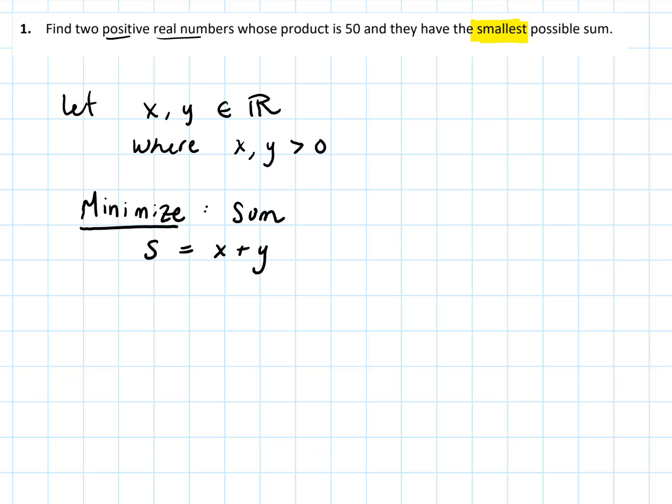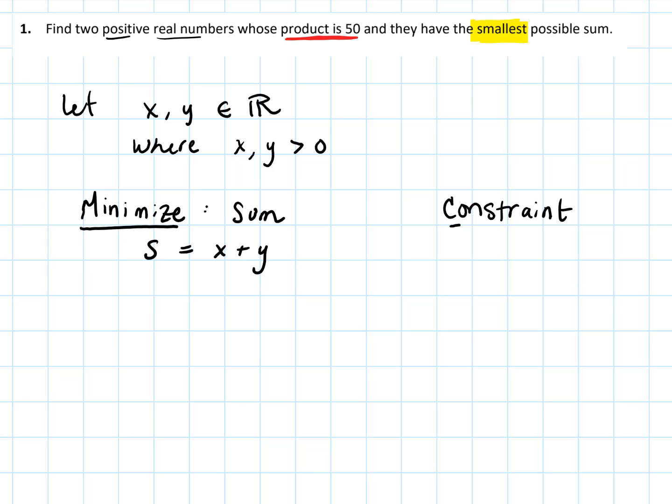And we're also given the fact that the product of these two numbers has to be 50. That's my constraint. So I'm trying to minimize a sum, and I have a constraint.